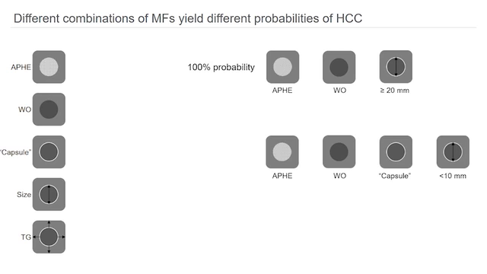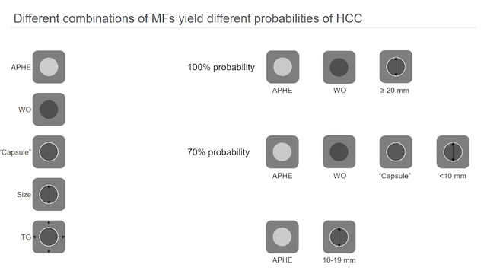A combination of arterial phase hyperenhancement, washout appearance, and enhancing capsule in an observation that is less than 10 millimeters in size has about 70% probability of being HCC. And arterial phase hyperenhancement in an observation 10 to 19 millimeters in size has approximately 30% probability of being HCC.